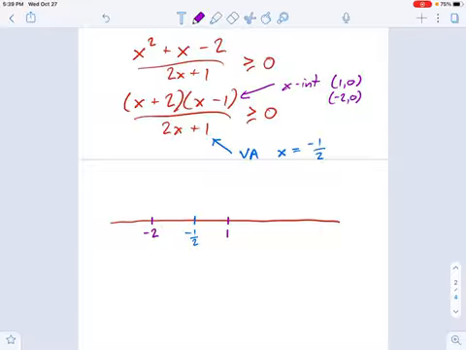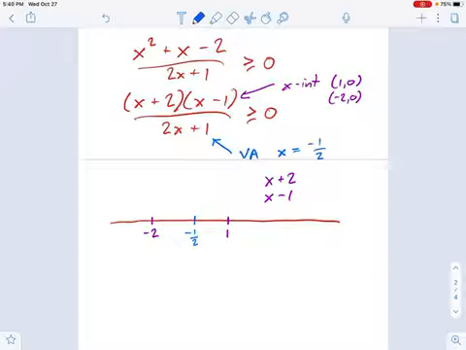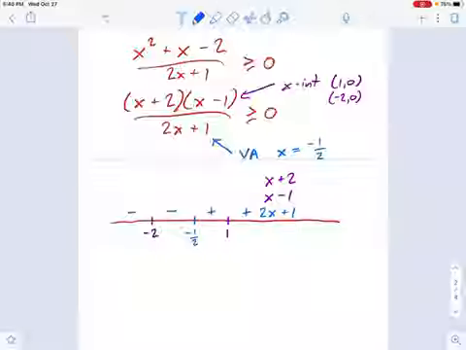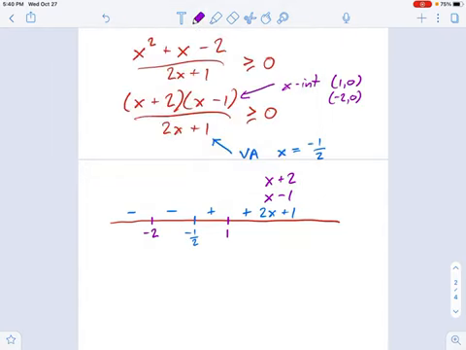Now we put the factors on: x plus 2, x minus 1, and the factor that was responsible for the vertical asymptote is 2x plus 1. So now we figure out the signs. 2x plus 1 is positive above negative 1/2 and negative below negative 1/2. x minus 1 is positive above 1 and negative below 1.